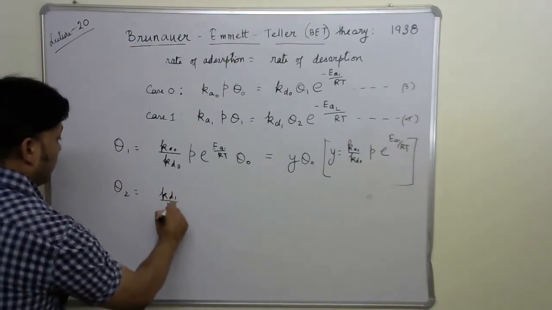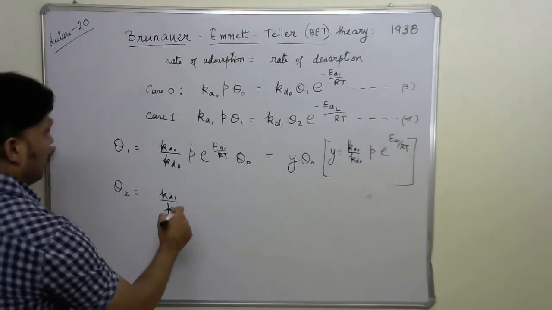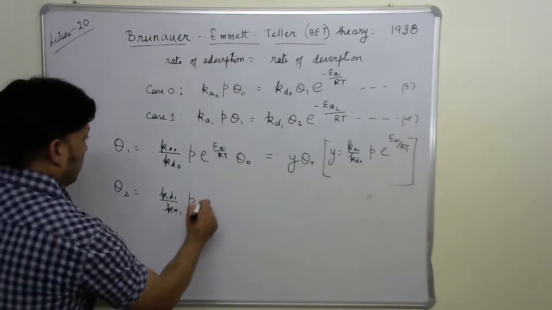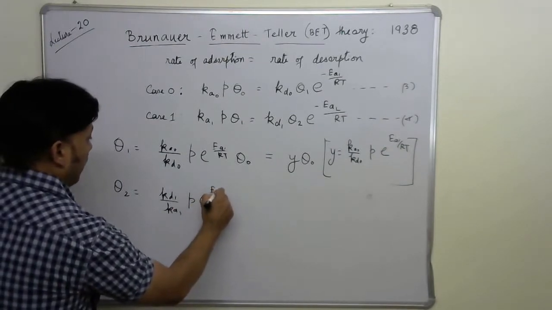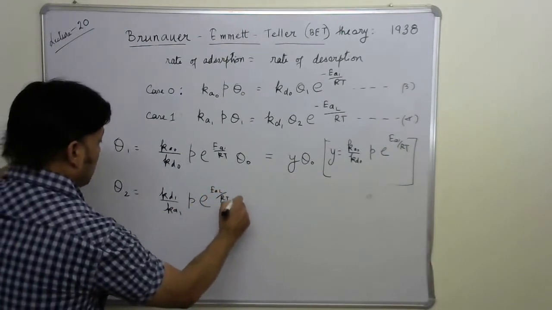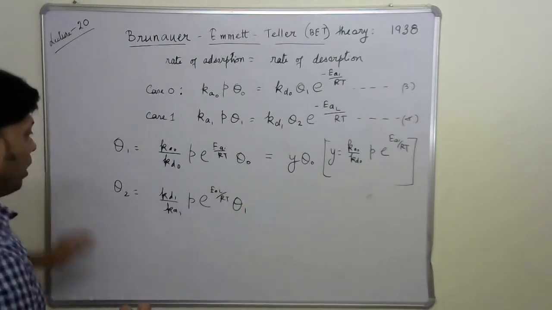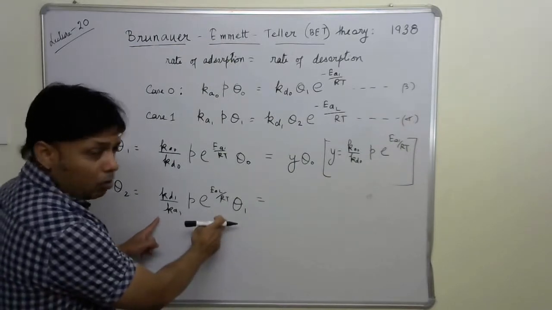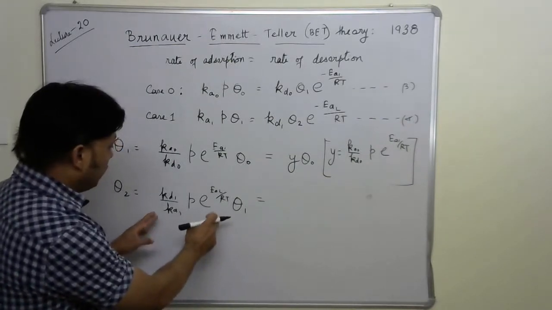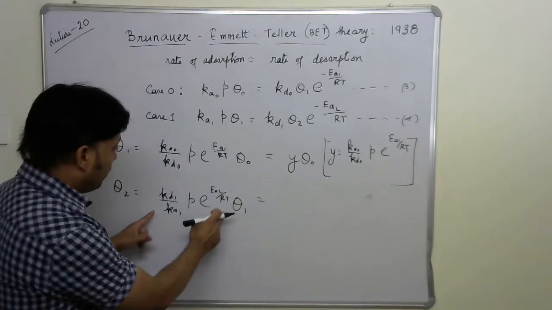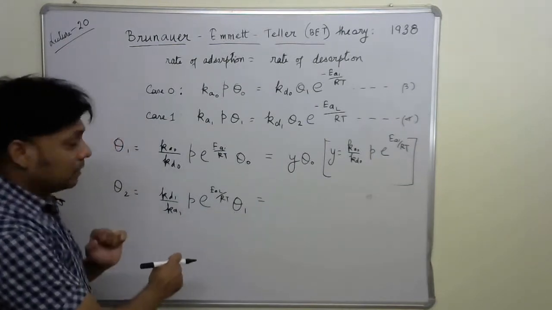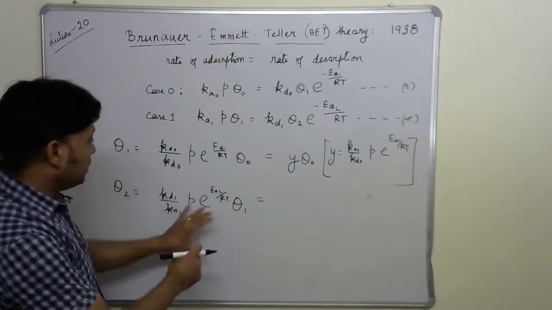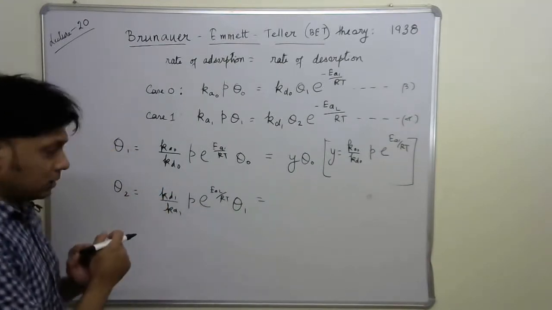kd1 divided by ka1, and we have p, e to the power eal divided by rt multiplied by theta 1. Okay, so now once again we have another long expression. And then we can assume that this is another variable parameter x, because x depends on p, and now p is associated with some other different constants.